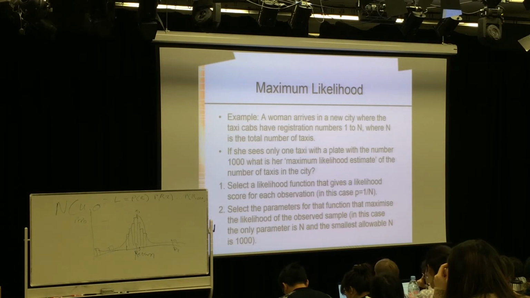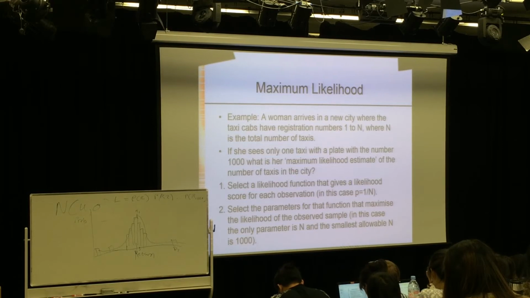Let's say there are 30,000 taxis in New York, for example, so n would be 30,000. If you only saw one taxi, and the plate had the number 1,000, what would your guess of n be, by maximum likelihood? This is an example to try to bring that home.